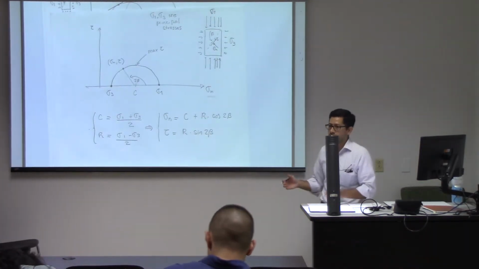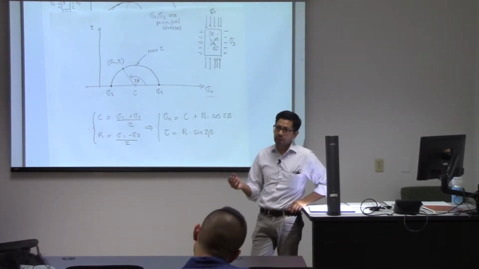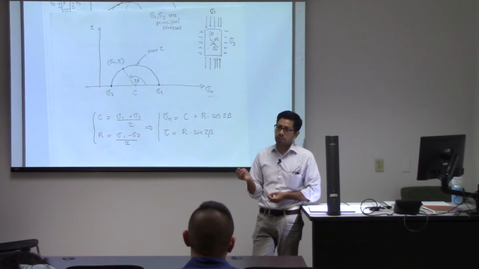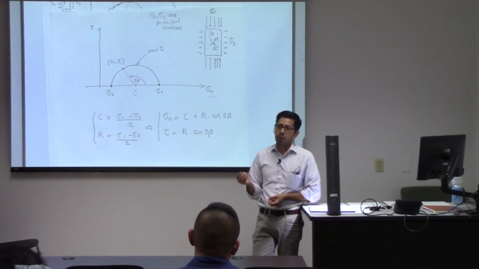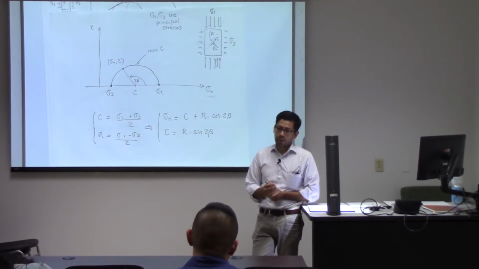If we were, for example, dealing with metals, usually with metals you design them to resist a maximum shear stress. But we're not dealing with metals. We're dealing with rocks. And rocks, as we saw last class, have frictional strength.